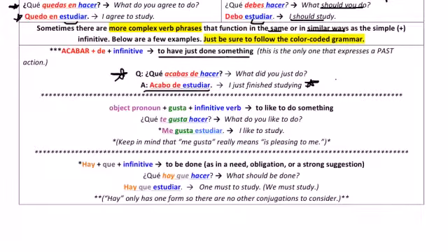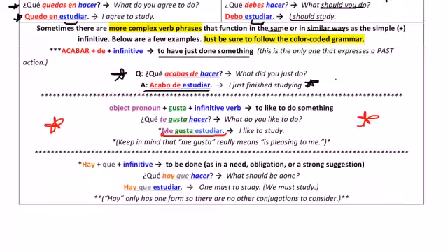Another thing that you're going to need to know for this particular chapter is using gustar in a plus infinitive form. So really, I just need for you to memorize this grammar. ¿Qué te gusta hacer? Me gusta estudiar.